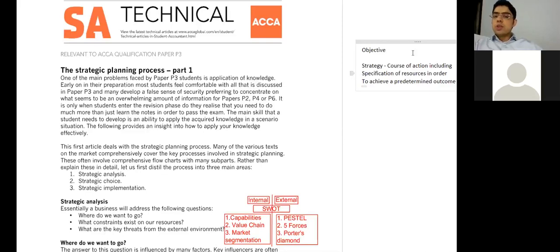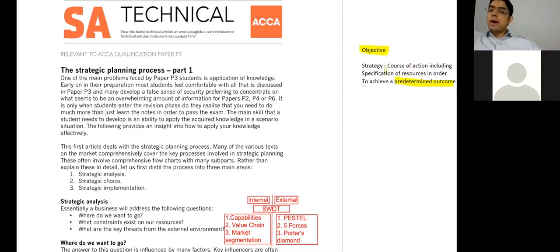So strategy is a course of action, including the specification of resources in order to achieve a predetermined outcome, a predetermined objective. Predetermined outcome is linked to objective, right?